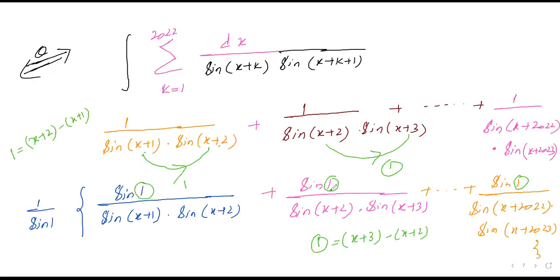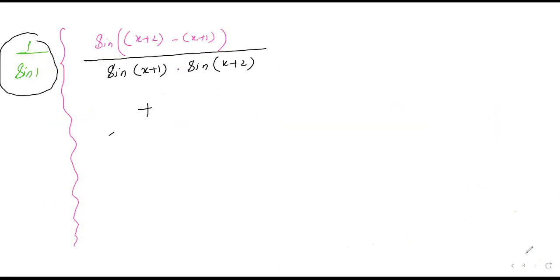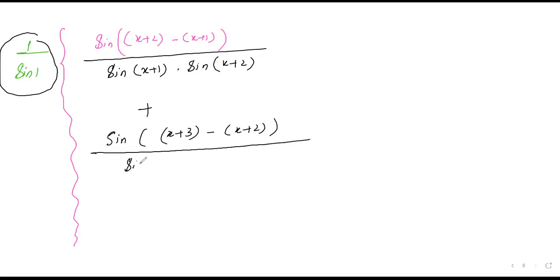So now in the second term, you have to write sine of x plus 3 minus x plus 2, upon sine of x plus 2 into sine of x plus 3.